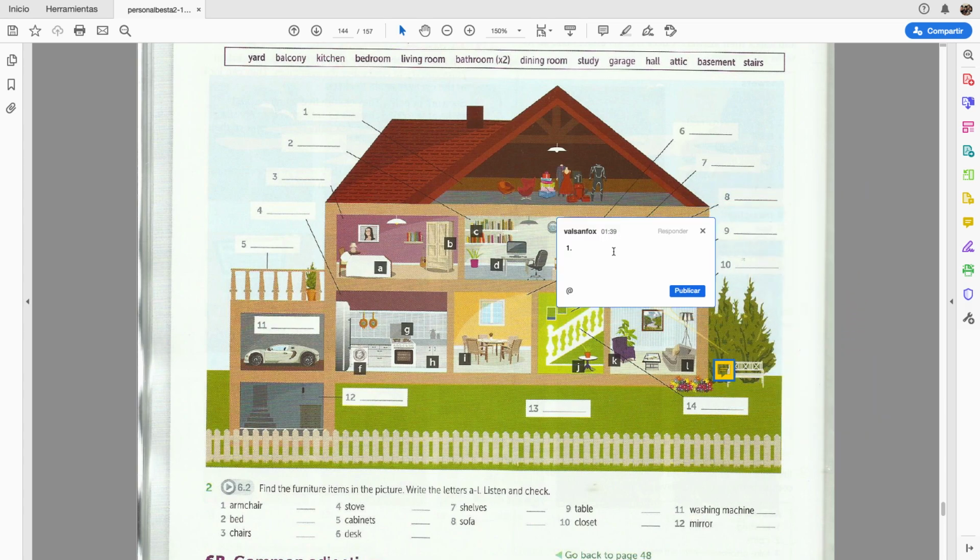Okay, so number 1 would be the attic. Number 2, that's the study. That's a place where people usually read. For example, they have books. That's the study. Yes. Number 3, let's see what we have in number 3.